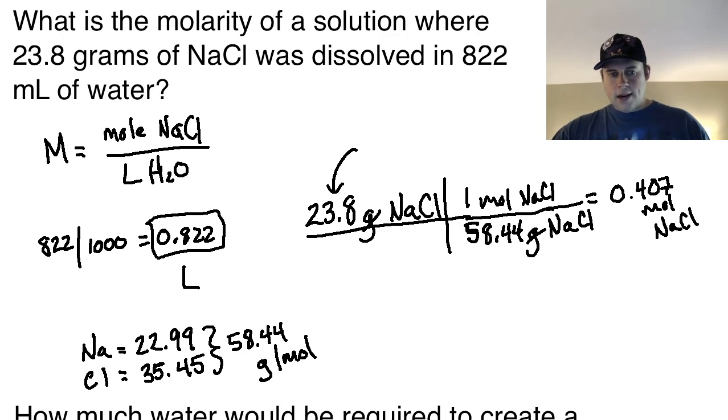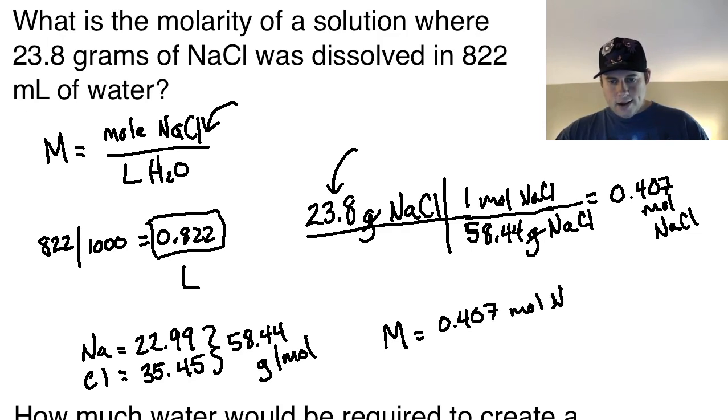Now this is what I needed for the numerator in my molarity equation. So I can now combine these together to find molarity. I bring in the 0.407 moles of NaCl, and then I can also put on the bottom here my 0.822 liters, and that came from the water.